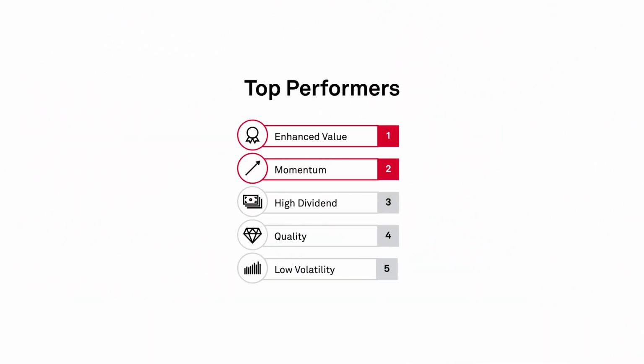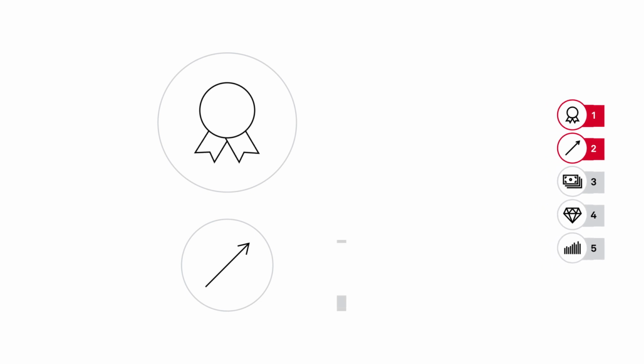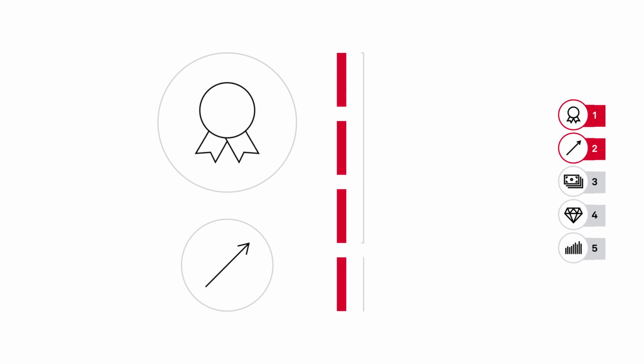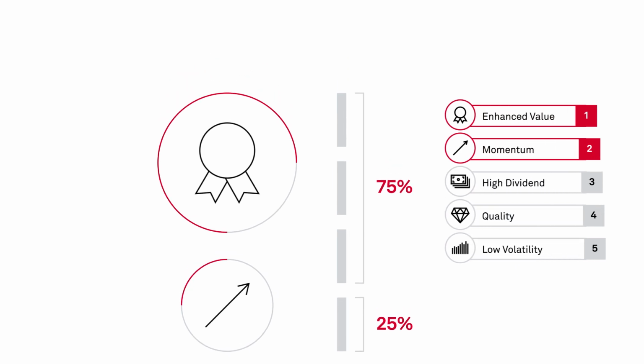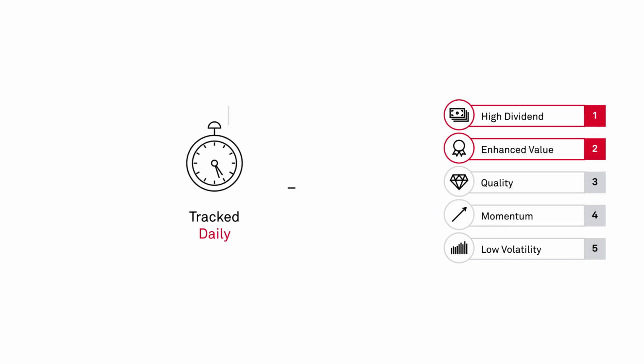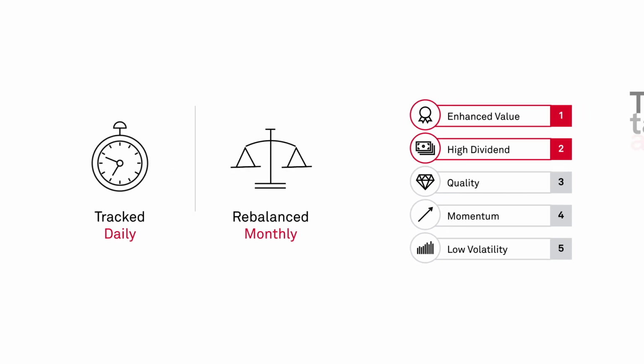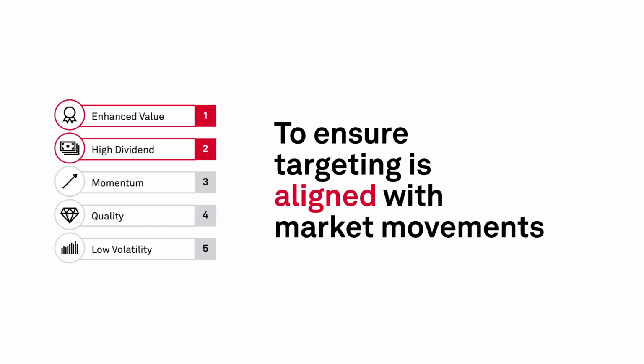The 2 factor indices with the highest composite scores at that point in time are selected. The Weighted Return Index uses a 75-25 weighting scheme, allocating 3/4 to the highest ranking factor and the remaining quarter to the next highest factor. Calculations are tracked daily and rebalanced monthly to ensure targeting is aligned with market movements.